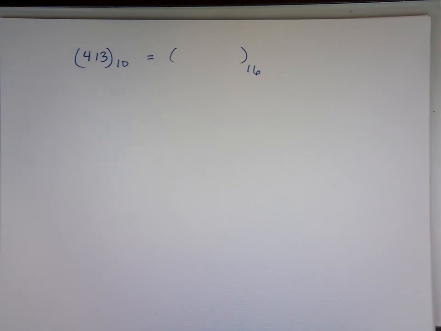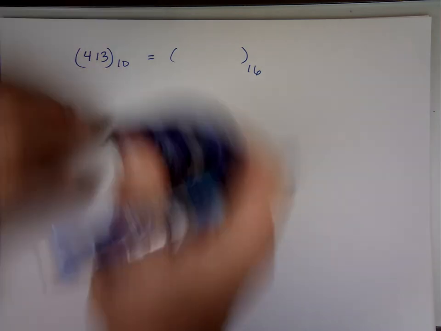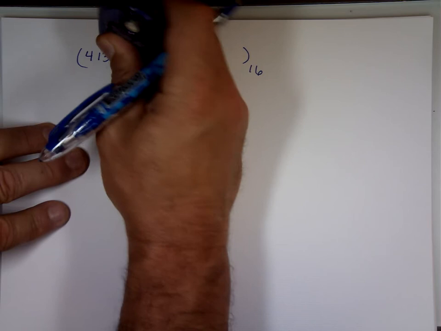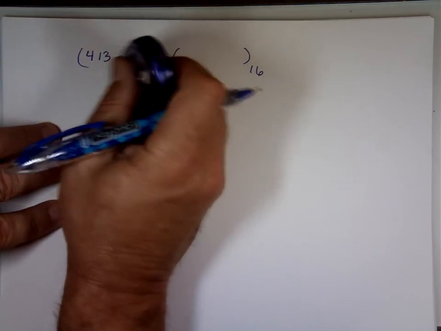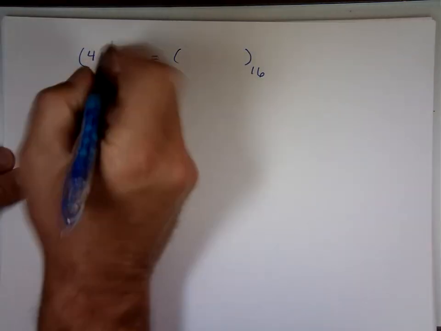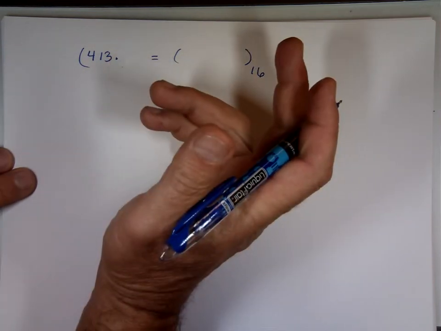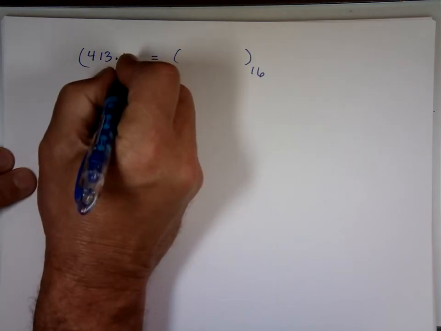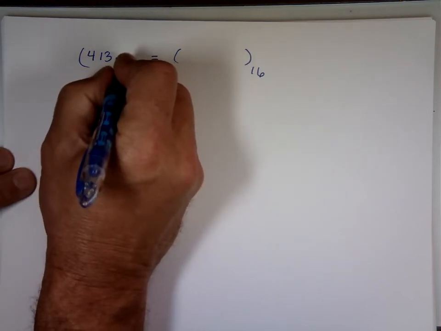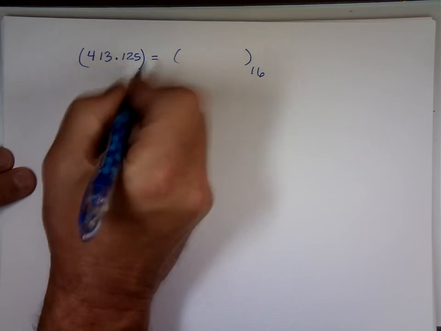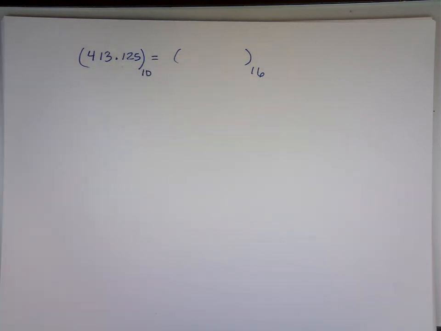Let me put a decimal value with it too, so I'll do both in one shot. 413 point 125. That was the reason why I did 0.125. That's 1/8. 1/8 times 16. Boom, you're done with it quickly. I don't want to spend too much time.